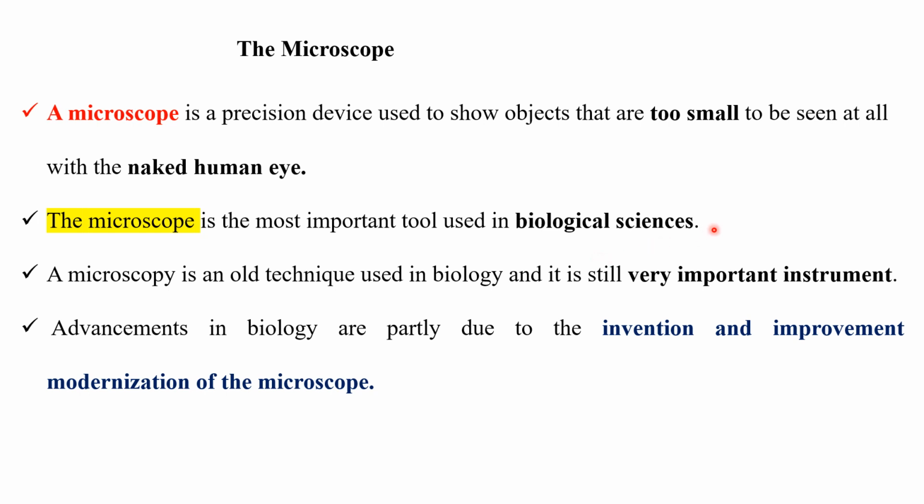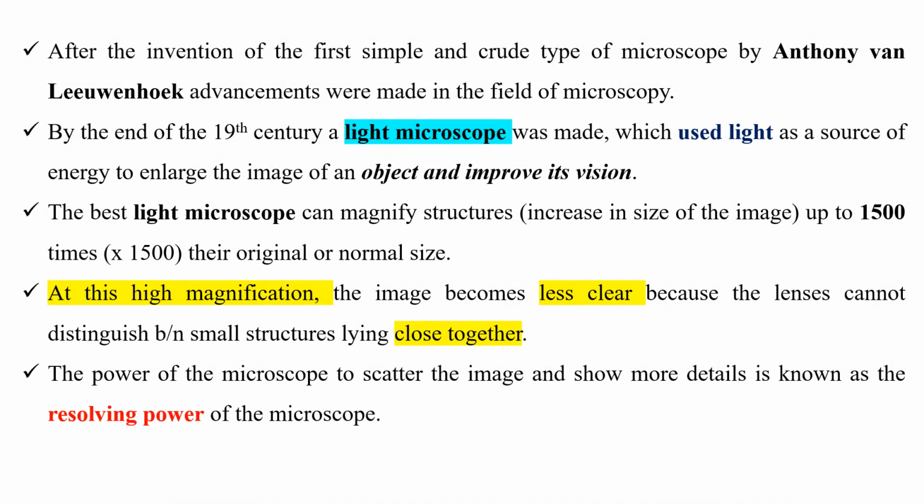The microscope is an old technique used in biology, but it is still a very important instrument. The advancements in biology are partly due to the invention, improvement, and modernization of microscopes. After the invention of the first simple and crude microscopes by Anton van Leeuwenhoek, advancements were made in the field.